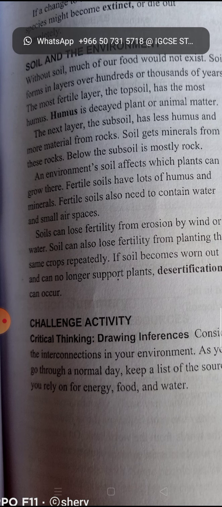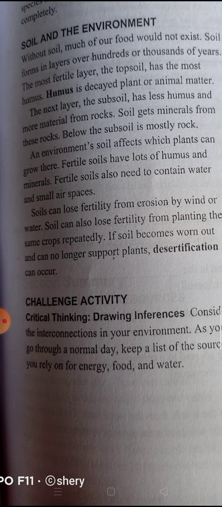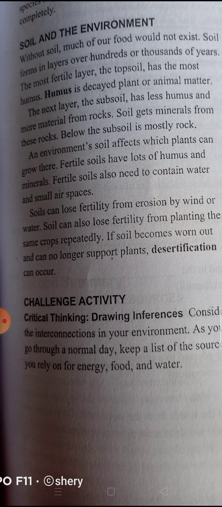I can ask now, what are the features of fertile soil? Number one, fertile soils have lots of humus. Number two, lots of minerals.